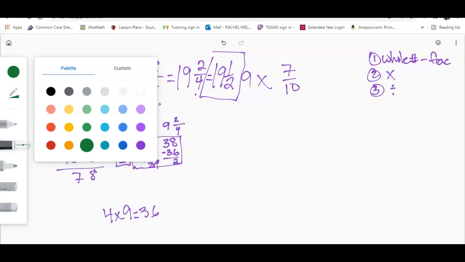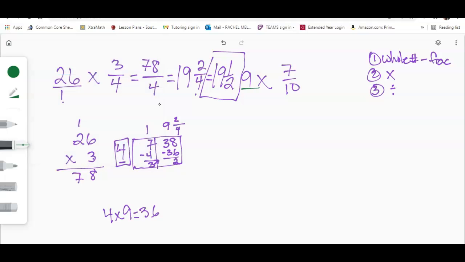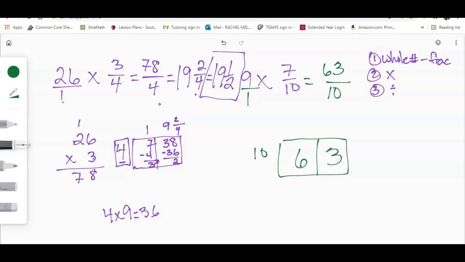Okay, so I first have to change my 9 to a fraction. 9 times 7 is 63. 1 times 10 is 10. So both of those I could do multiplication in my head, so that was quick. But remember, now I need to divide. So I have 63 in my box, and I'm dividing by 10.